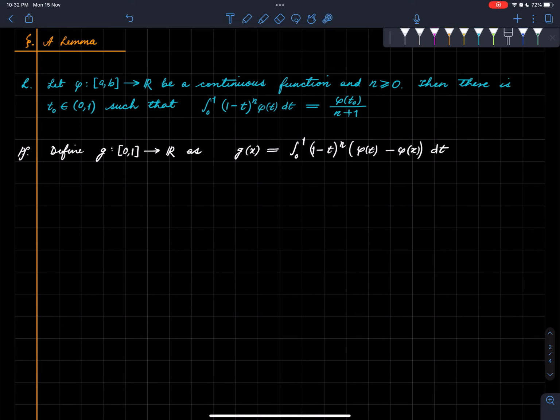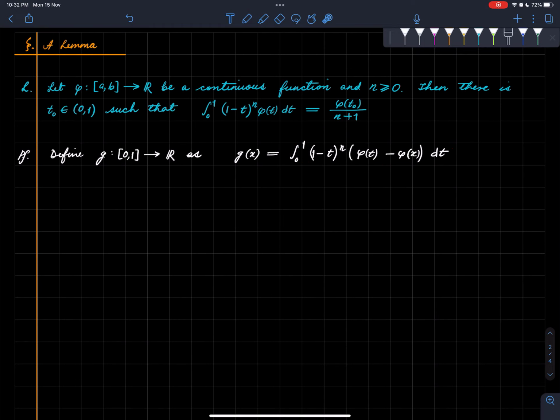Here x is a number as far as this integral is concerned. The function takes t and spits out this value, and we are integrating that function over [0, 1]. I hope you don't get confused by that. So we have this definition of the function g. Note that g is continuous.